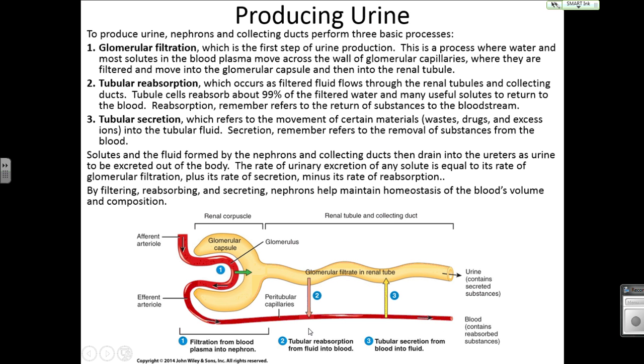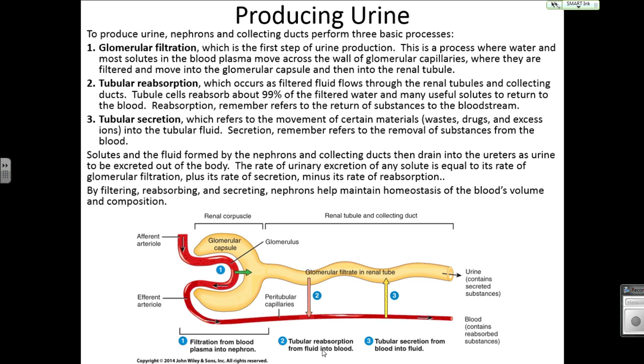The importance of that is that it provides us a route to pull stuff back into the blood. We're not going to continually pee every second of every day like we would if we didn't pull that water right back in. You'll see how much filtrate we form each day and how that's nowhere near the amount of urine that we pee out every day.